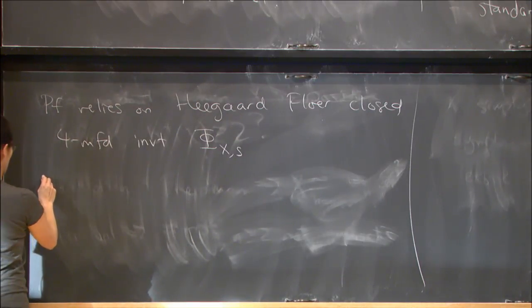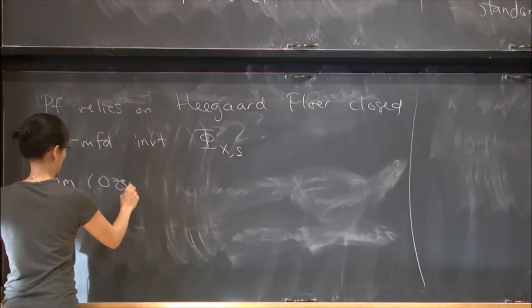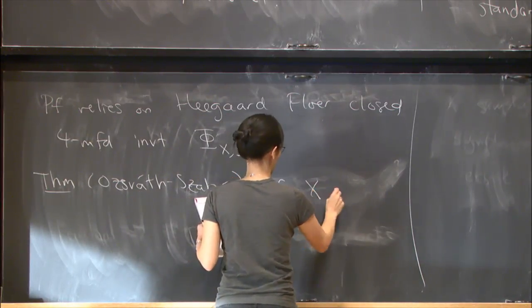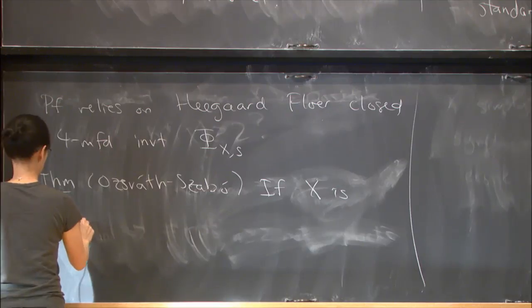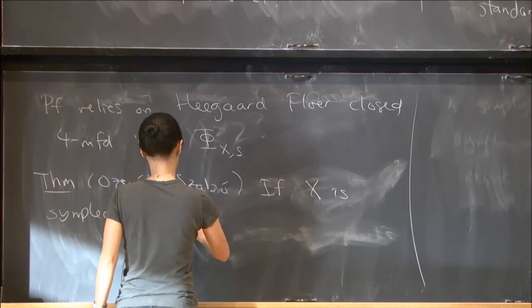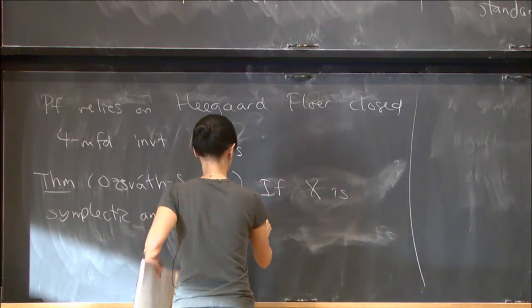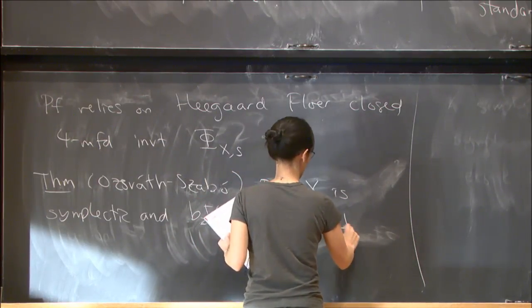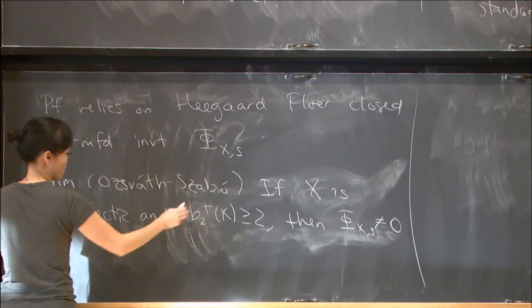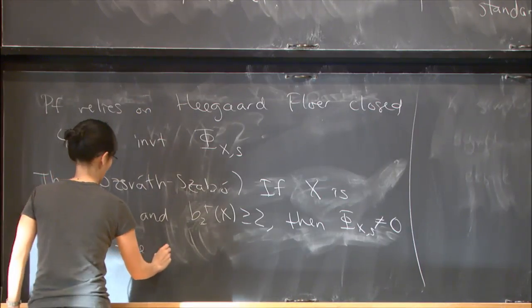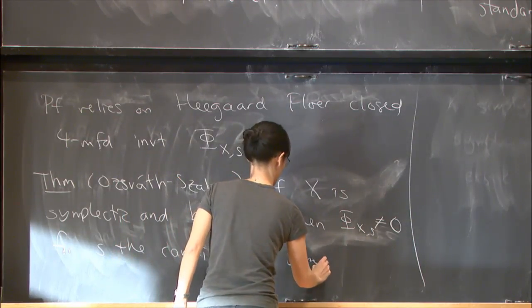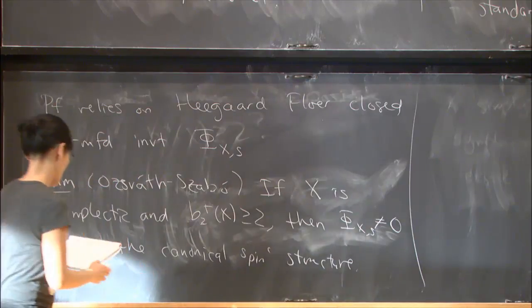We use the following theorem of Ozsvath and Szabo: if X is symplectic with B2 plus at least 2, then this invariant is non-zero for the canonical spin-c structure s.